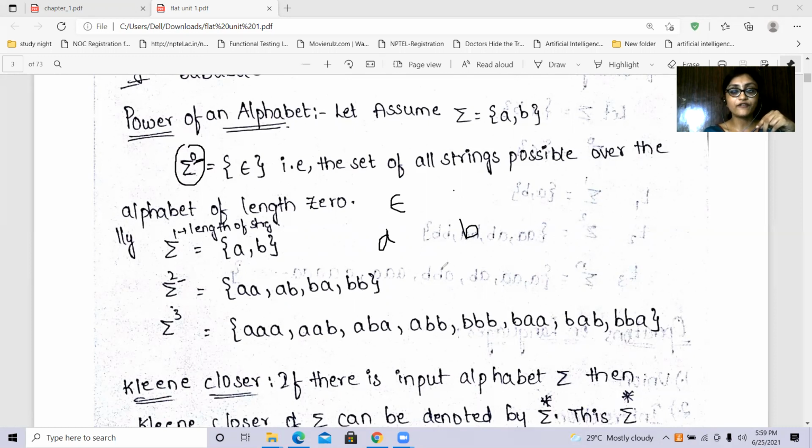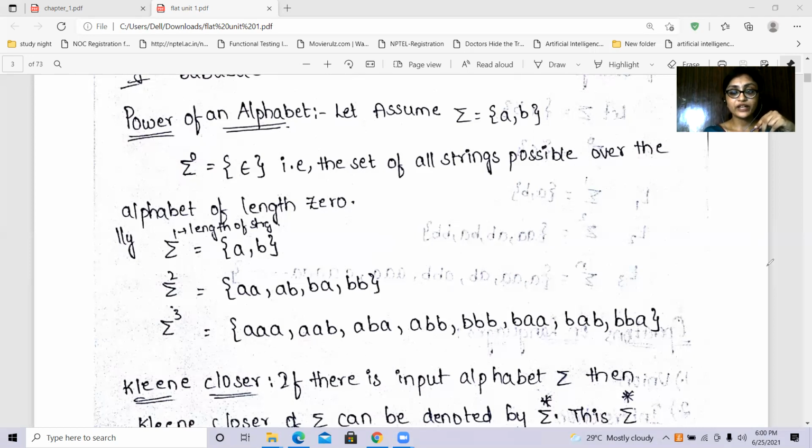These are all of length 2. Hence this is called the power of alphabet. And for power 3, we can write them as AAA, AAB. In this way and so on, we can write the power of alphabets. You all try to write the alphabet of power 4 and check whether you are getting it or not.